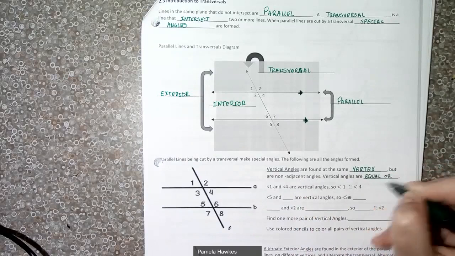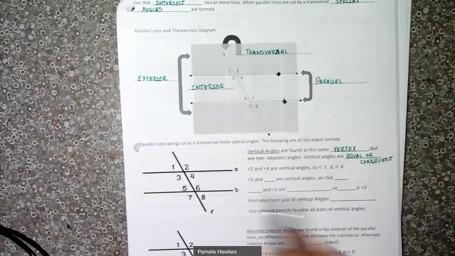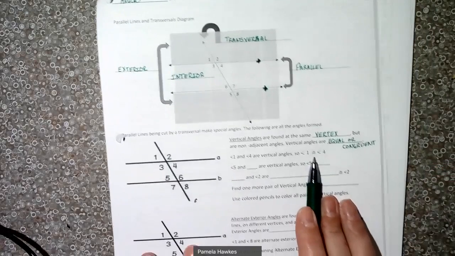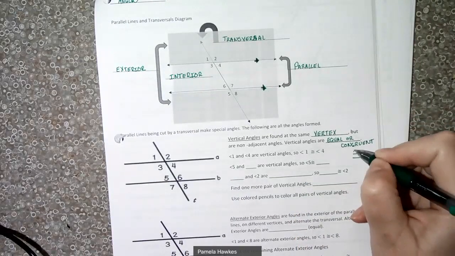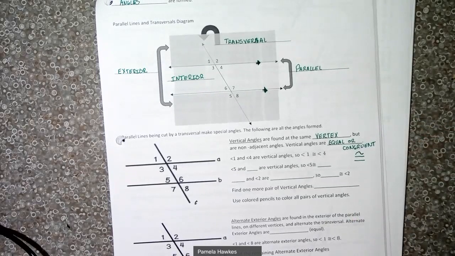Or congruent, which means the same thing. Congruent means that they are equal. They have the same measurement. So 1 and 4 are vertical angles. This little symbol, do you see it right here? It's the equal sign with this little squiggle above it. That means congruent.